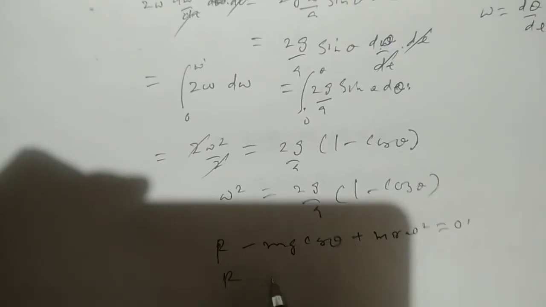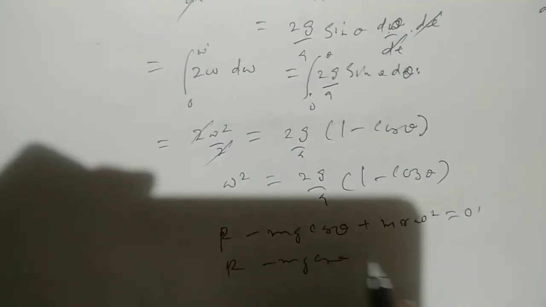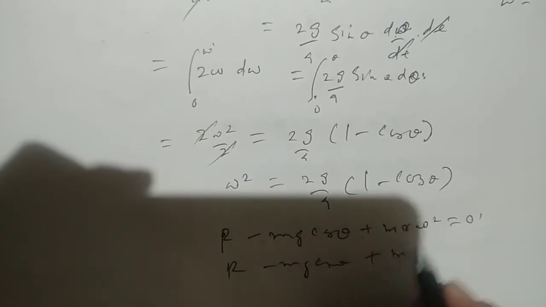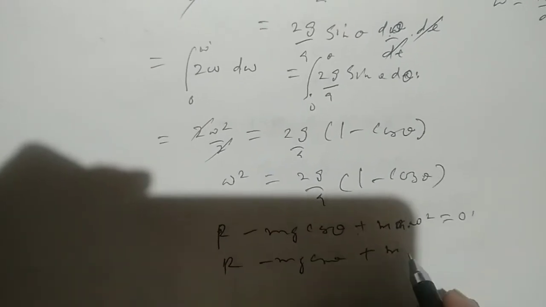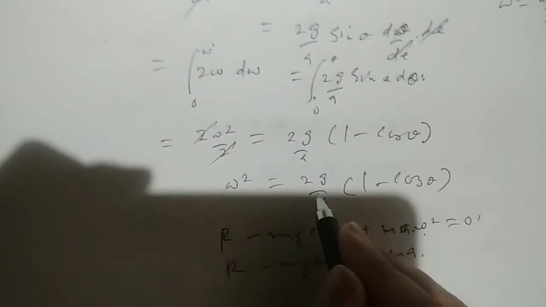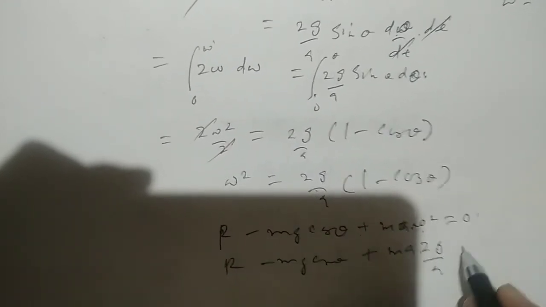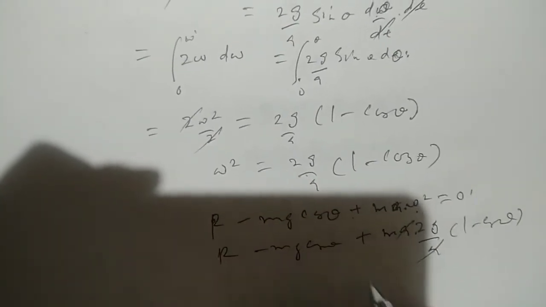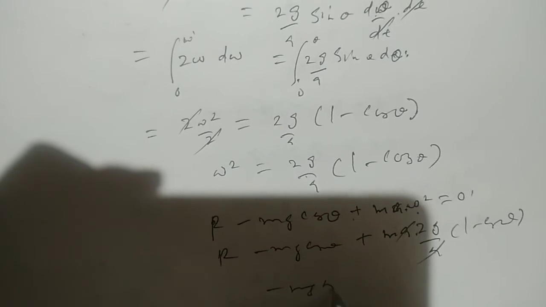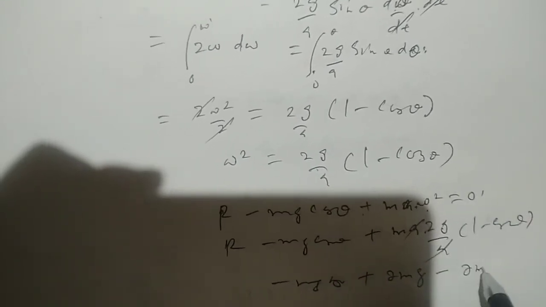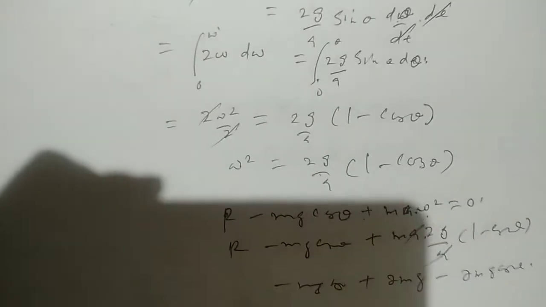So it will be R minus mg cos of theta plus m a omega square, which will be 2g by a times 1 minus cos of theta. So this a will cancel, and it will be minus mg cos of theta plus 2mg minus 2mg cos of theta.